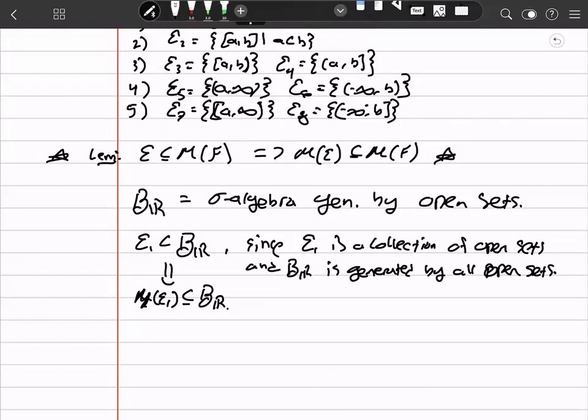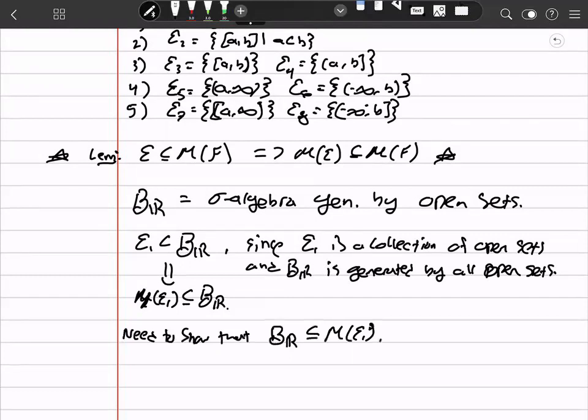We need to show that the Borel sigma algebra is contained within the sigma algebra generated by E1.